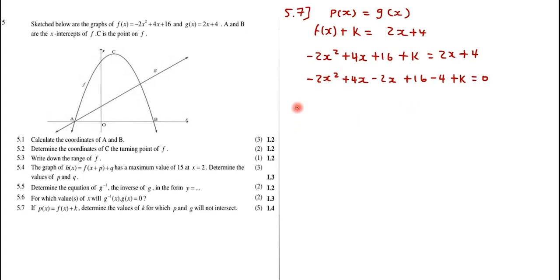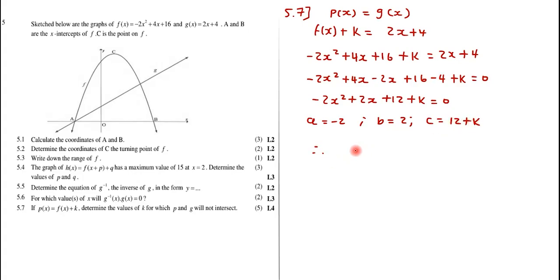Okay, so now from here I have minus 2x squared plus 2x plus 12 plus k equals 0. Now the value for a is minus 2, the value for b is 2, and the value for c is 12 plus k.